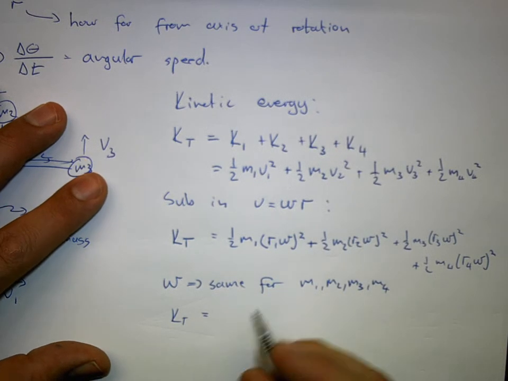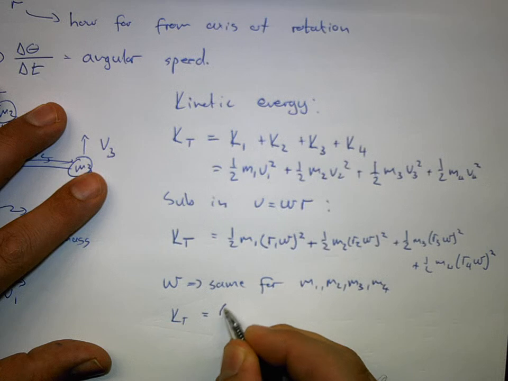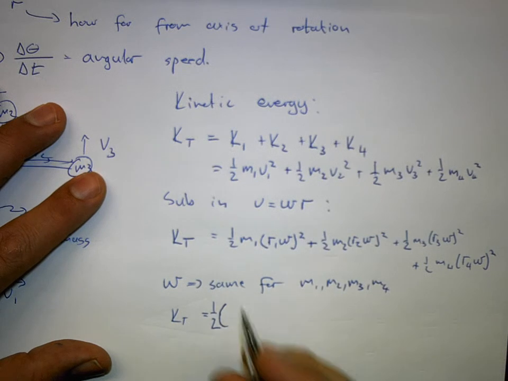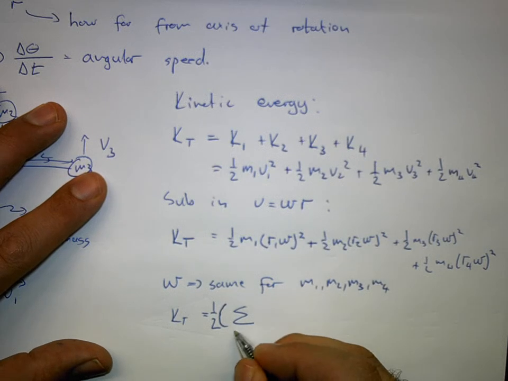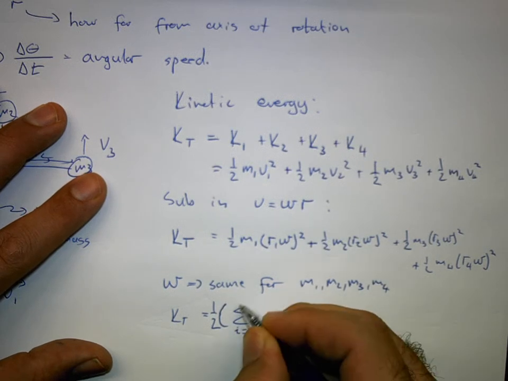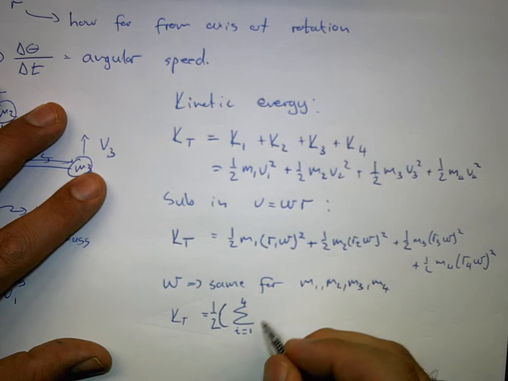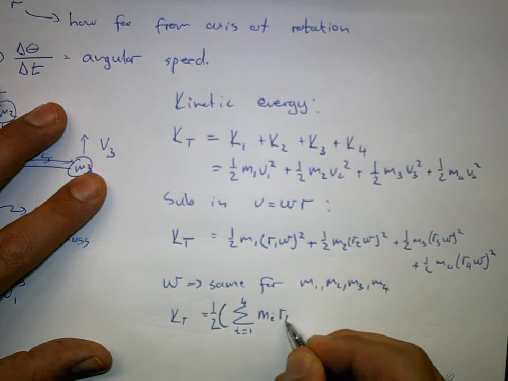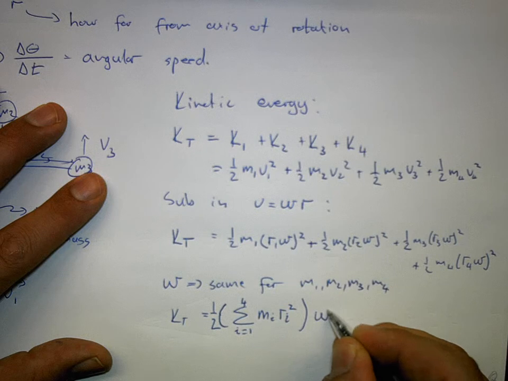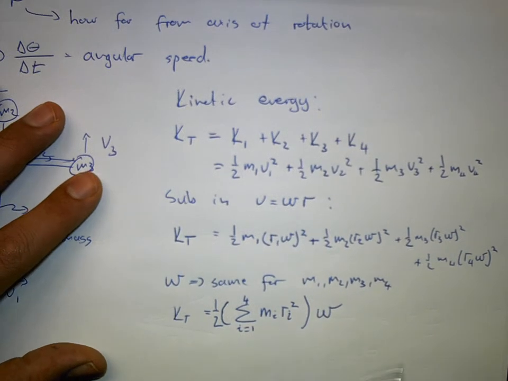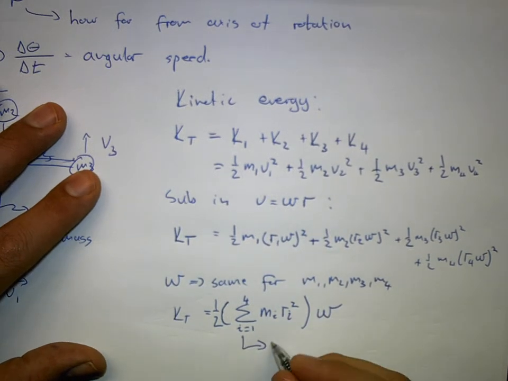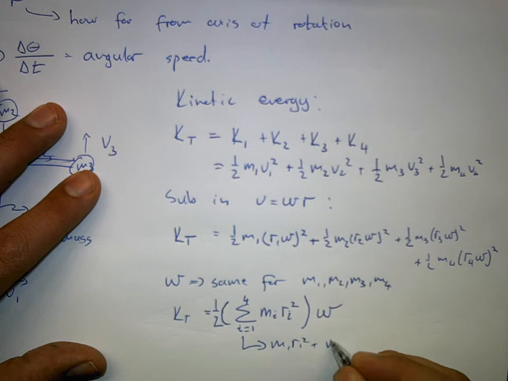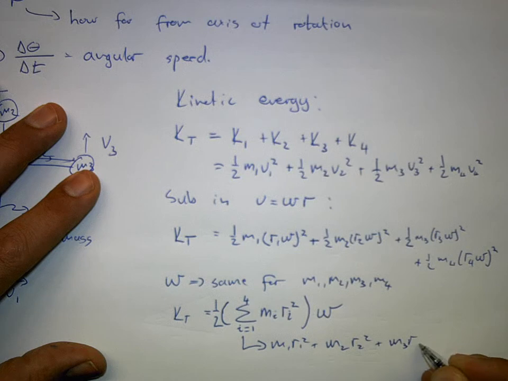We can say it's equal to a half. Now I'm going to write shorthand. This just means the sum of, starting from i equals 1 all the way to i equals 4. So if you write this out, you get m1 r1 squared plus m2 r2 squared plus m3 r3 squared plus m4 r4 squared.